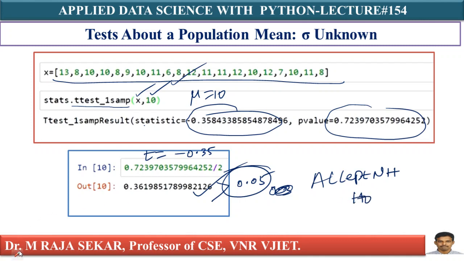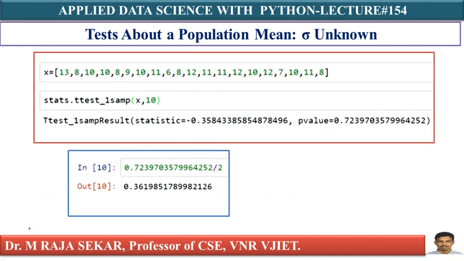For example, instead of alpha equal to 0.05, if I say 0.03, is the p value greater than 0.03? Still it's greater than, isn't it?